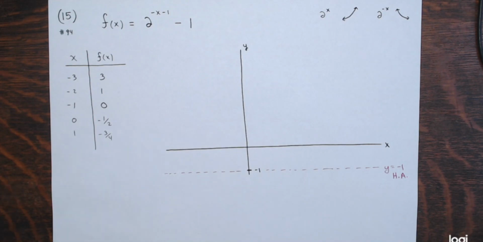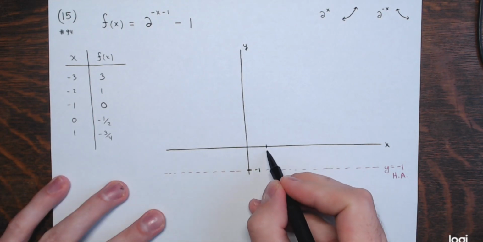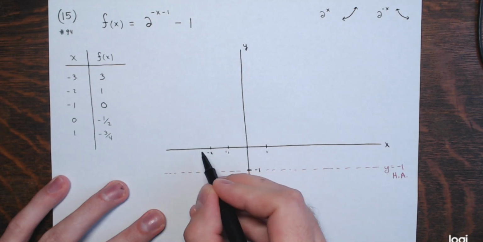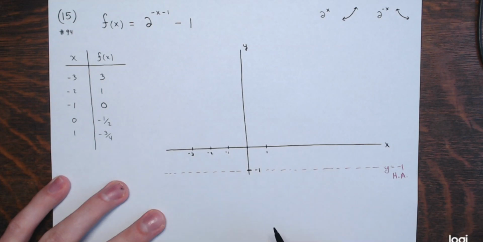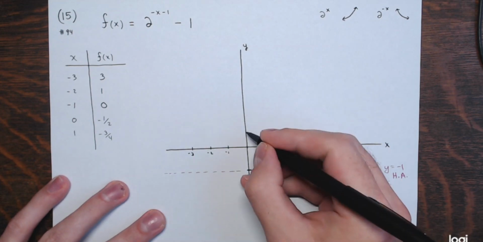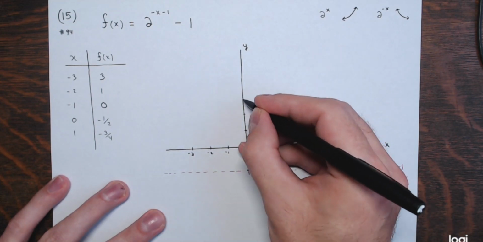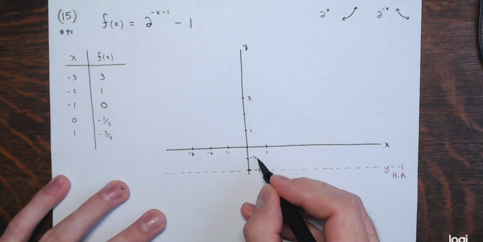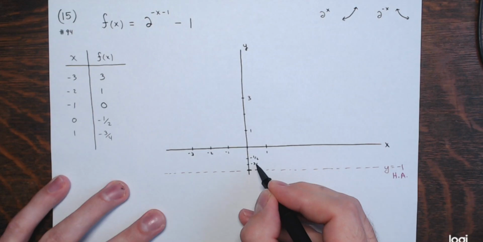I plugged in positive 1, 0, negative 1, negative 2, and negative 3 in my table. Outputs were 0 and 1 and 3, and here's negative 1/2, here's negative 3/4. Now I can plot my points.